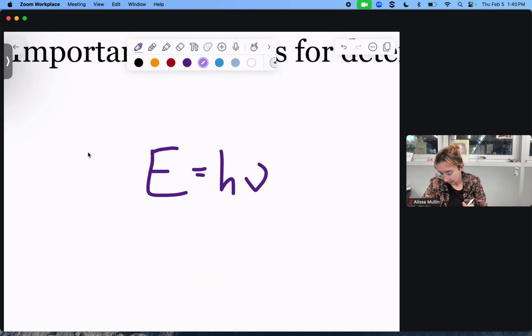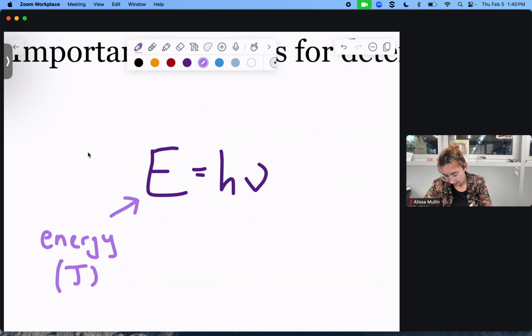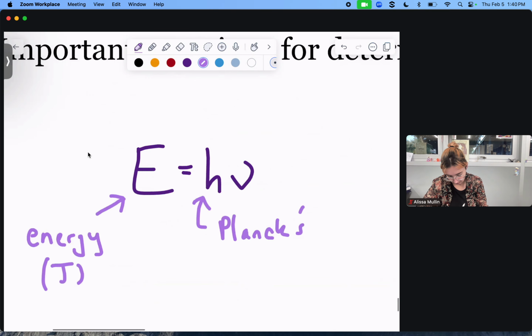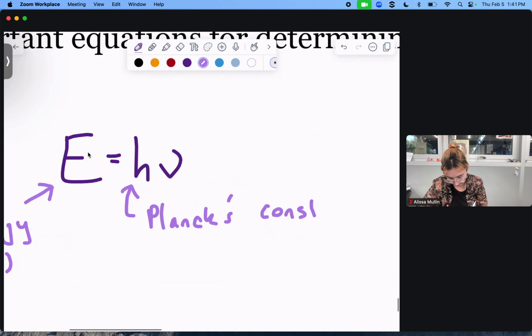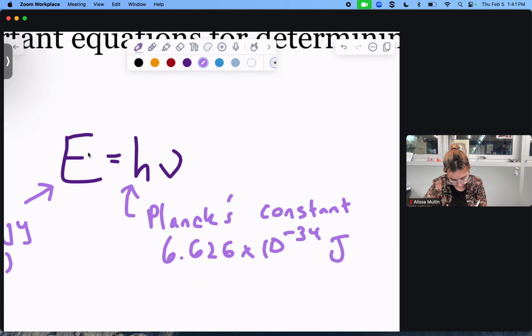In this equation, E represents energy, and we're going to put that in joules for reasons that will become clear, I hope. h is Planck's constant, again on your equation sheet, which is 6.626 times 10 to the negative 34 joule seconds.